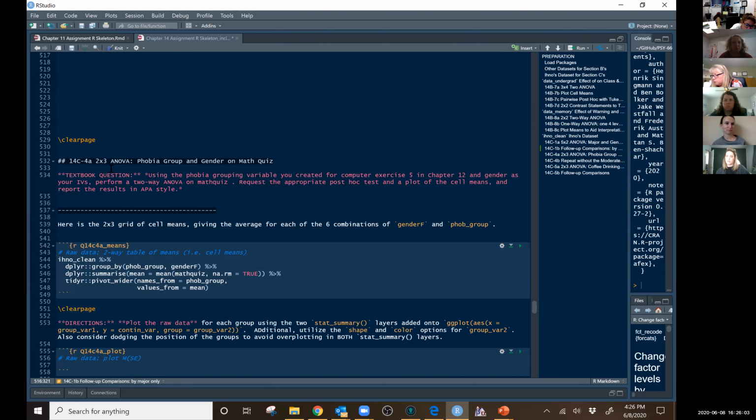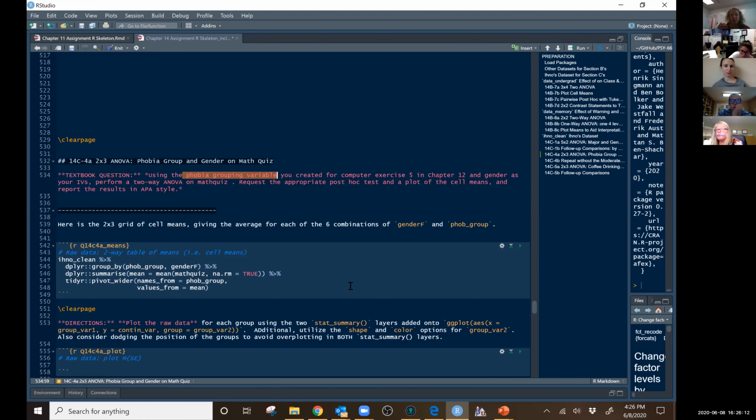Okay, so this is number 4, part A. We're looking at the phobia. We need to go back to that phobia grouping variable. We used to have a phobia grouping variable back in chapter 12, and we're going to use that with the gender variable to do a math quiz ANOVA.